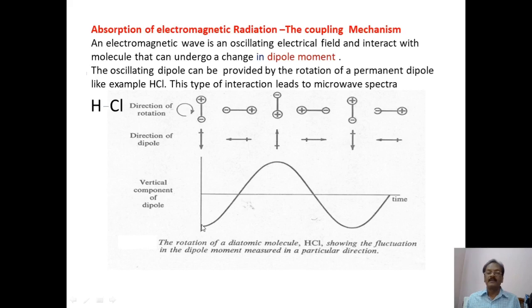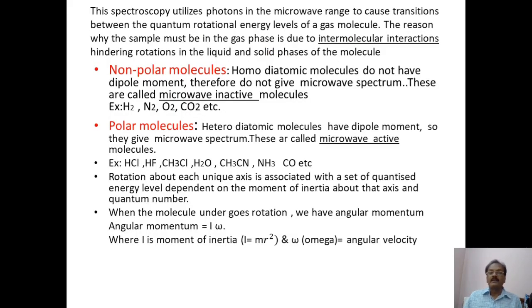In this way the electric field is generated by rotation, and when this electric component of the dipole moment matches the electric component of the electromagnetic radiation, the molecule absorbs microwave radiation, which causes changes in the rotation of the molecule. Thus we can see that microwave radiation causes rotation of the molecule.